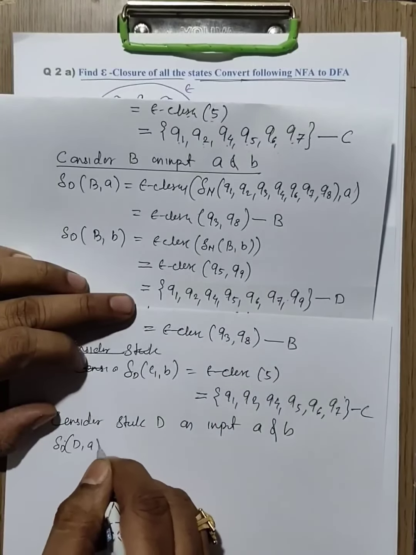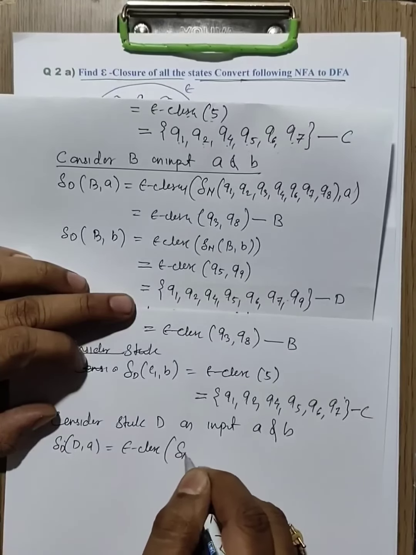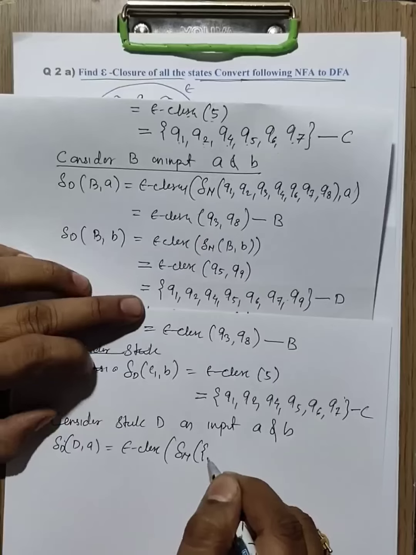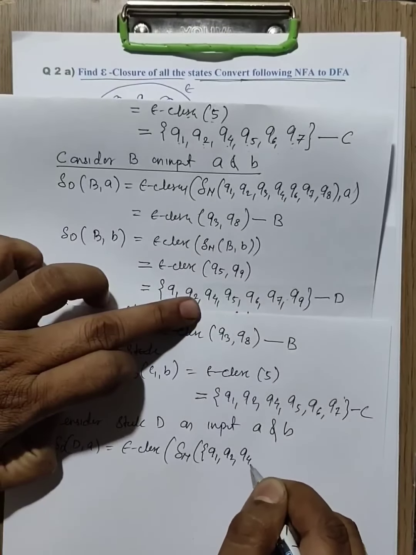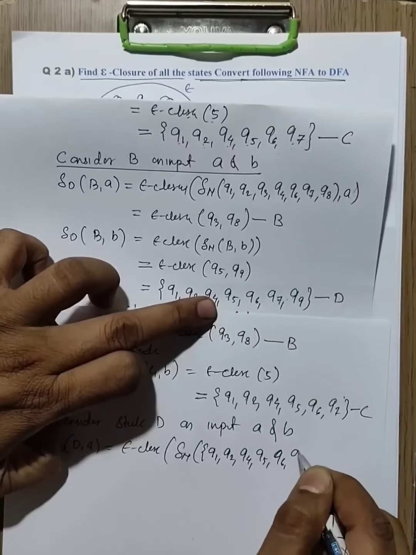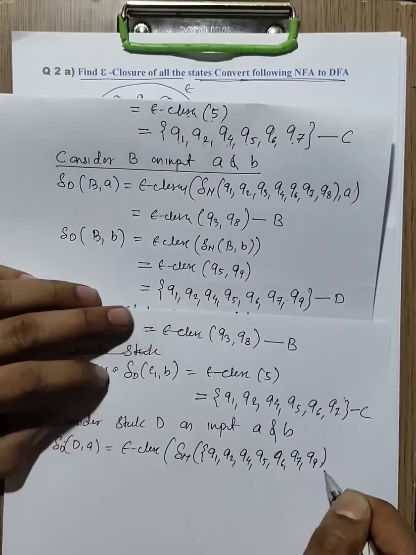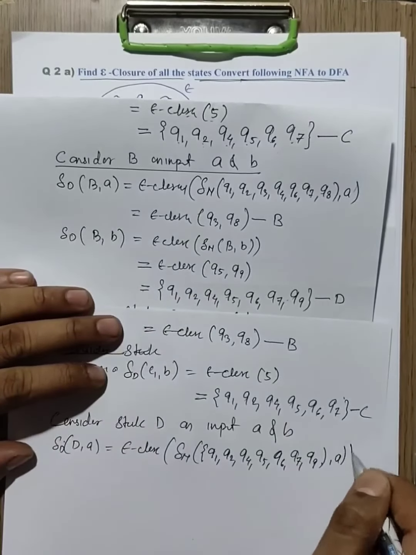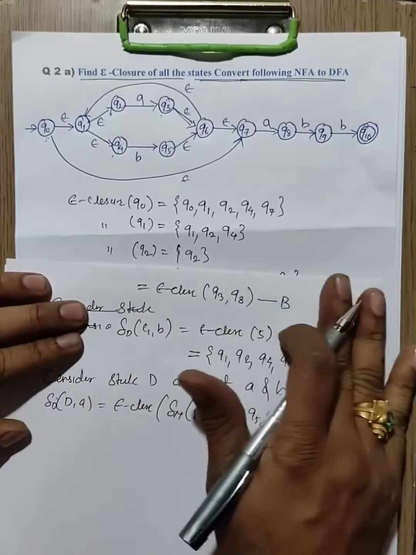D on input symbol A equals epsilon closure delta of n D, Q1, Q2, Q4, Q5, Q6, Q7, Q9 on A.